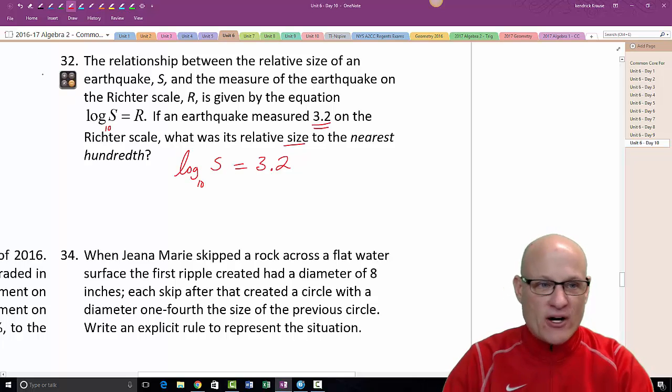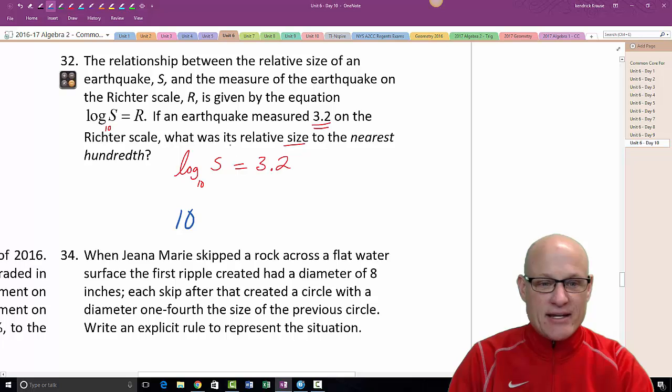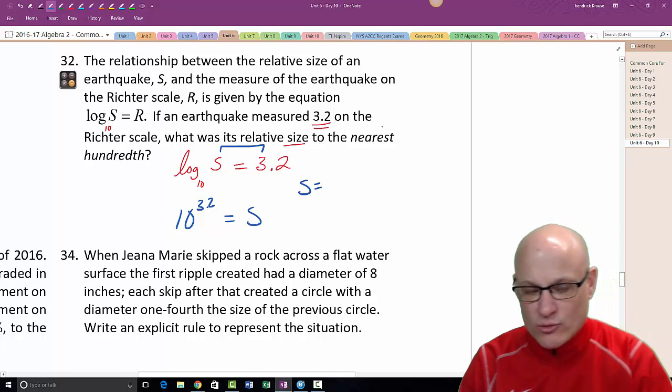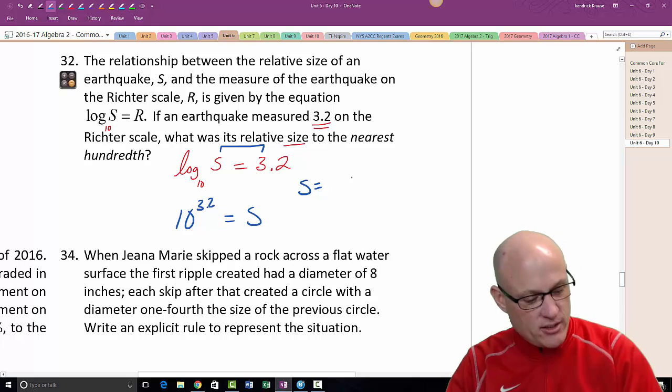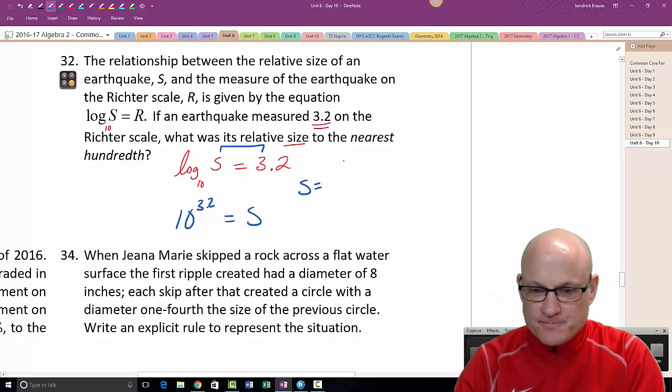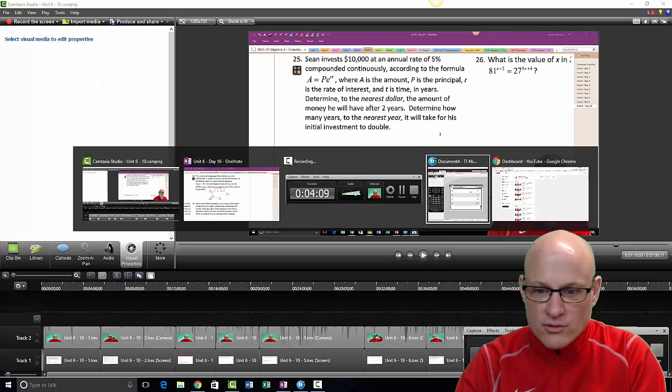This is a log function. In order to solve it, I must use exponential. So 10, these two things switch, to the 3.2 is equal to S. And just because I don't want to type this in my calculator, because this is taking way too long, I typed that in my calculator. What the heck, let's type it. Okay, maybe.